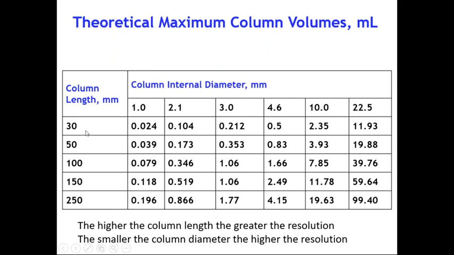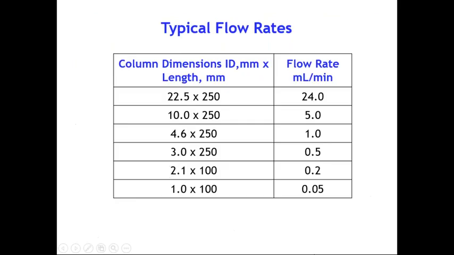We can go from the guard columns to about 25, and maximum are the 30 centimeter columns. So the greater the column length, the greater the resolution. The smaller the column diameter, the higher the resolution. However, the pressure will be inversely proportional.